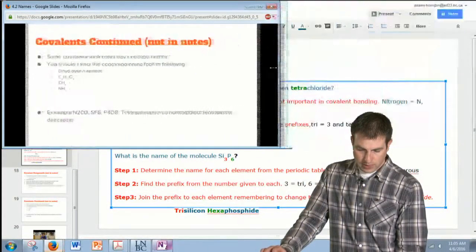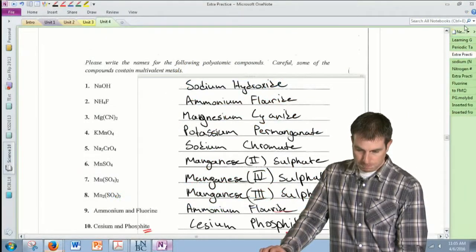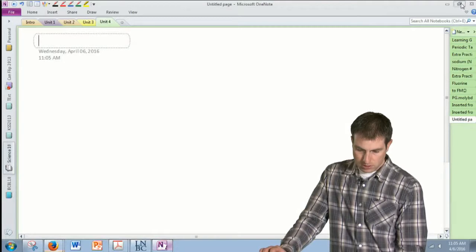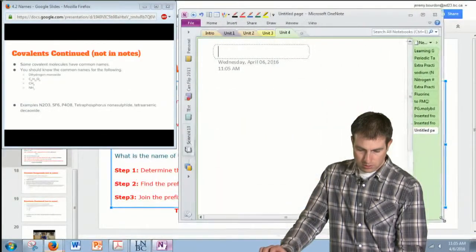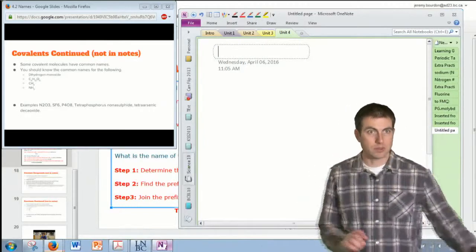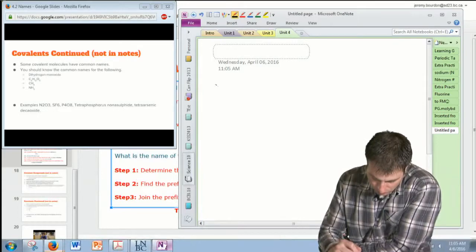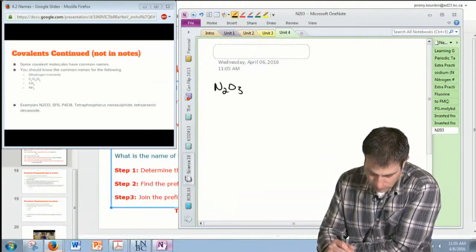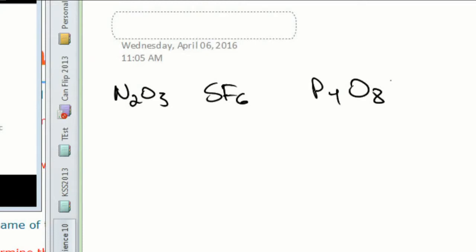See if I can get a side-by-side going here of these, so I can at least write down my examples. All right, N2O3. I'll supersize this in a second so you can see it a bit better.